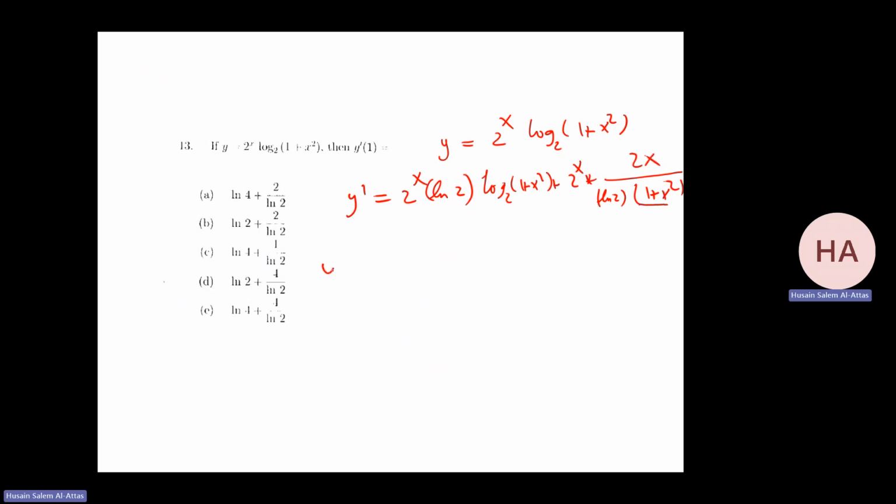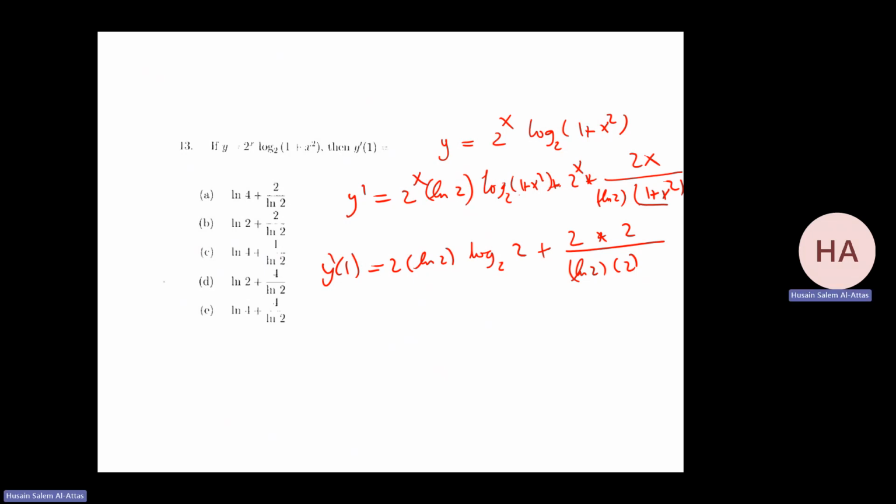Now what I want is y prime at 1. That will be 2 ln 2 times log of 1 plus 1, log 2 with the base 2, which is 1 actually, plus 2 to the power 1, 2 times 2 over ln 2 times 2.